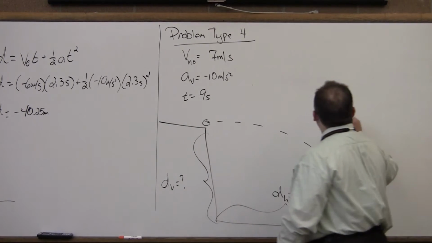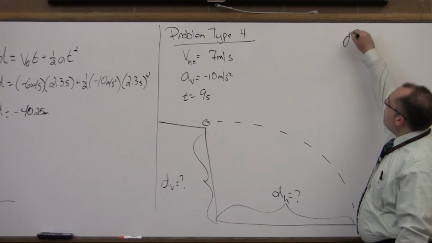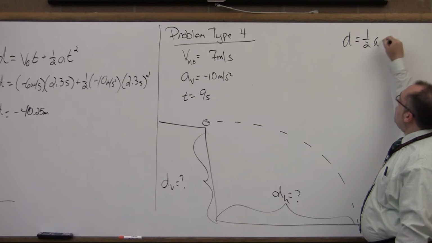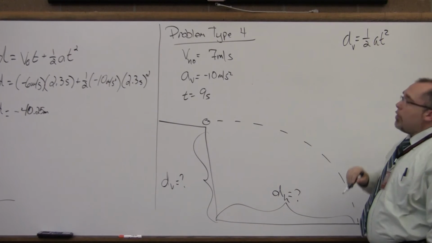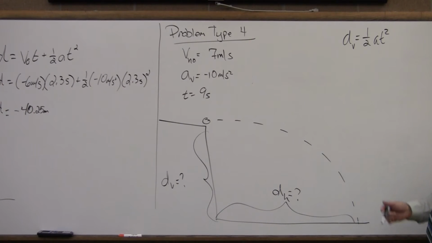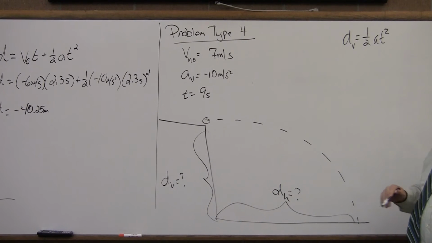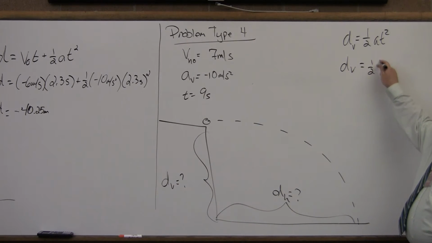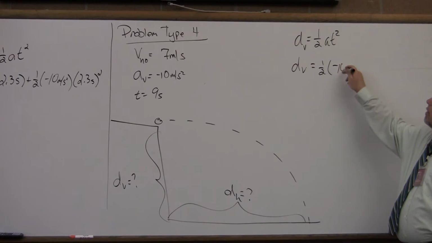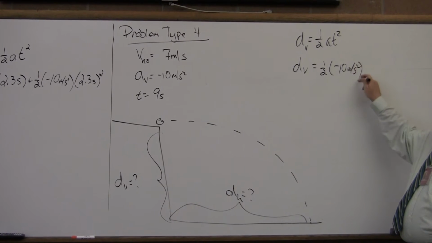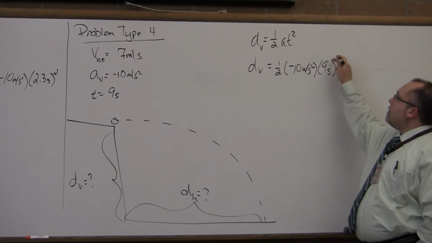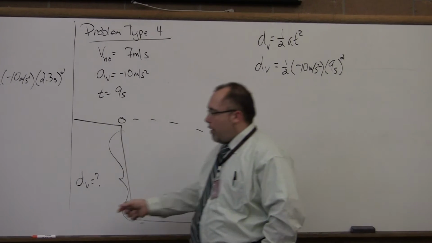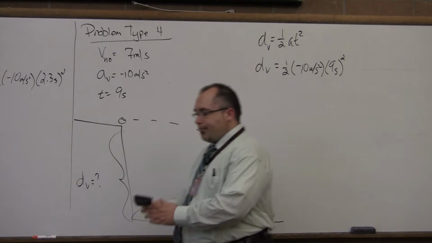So the first item, we're going to look at the 1/2 a t squared. I'm going to use the subscript of t sub b here to note that's the vertical distance we're looking for. So we have our 1/2 gravity, which is -10 meters per second squared, times our time of 9 seconds squared. And again, type it in your calculator.